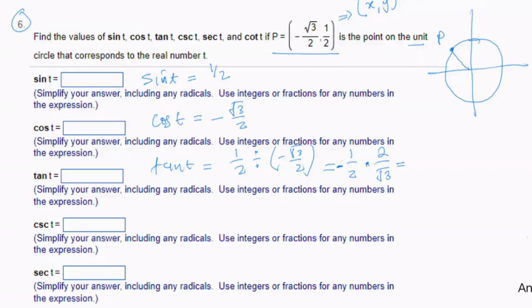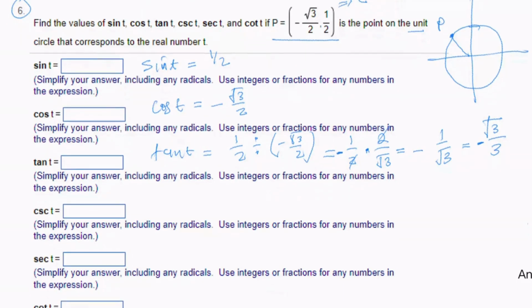So 2 and 2 cancel. I have negative 1 over root 3. If we rationalize this, multiply the numerator and the denominator by root 3, this becomes negative root 3 over 3. So that's it.